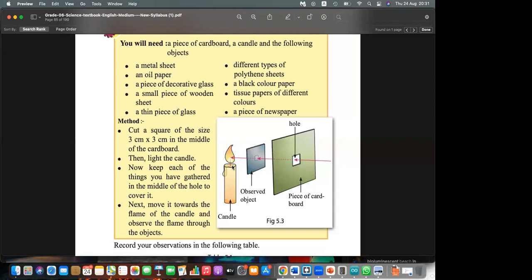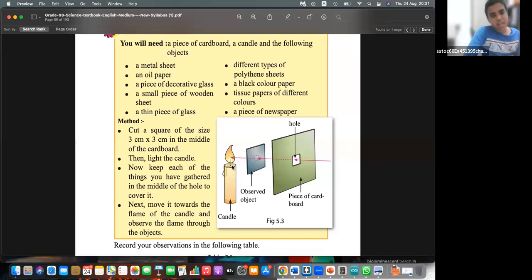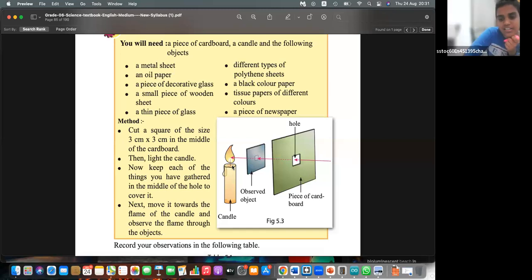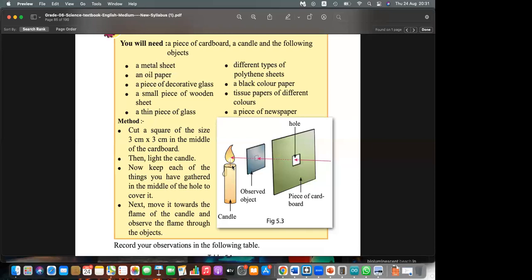So can you tell me the reason for this? Can anybody tell me the reason for this? Is the bending really happening at the moment? Yeah, bending really happens.